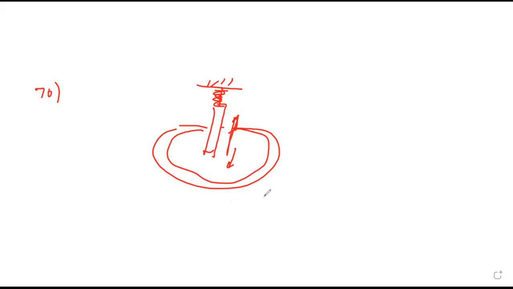The magnet moves in and out of coil C, which is connected to the galvanometer. There is a galvanometer connected here.